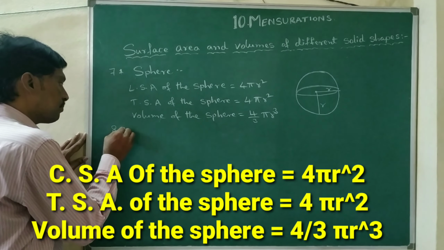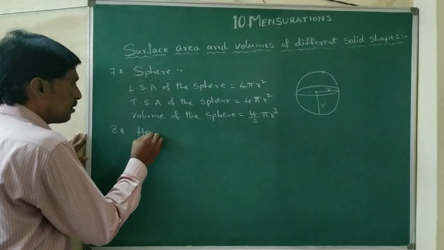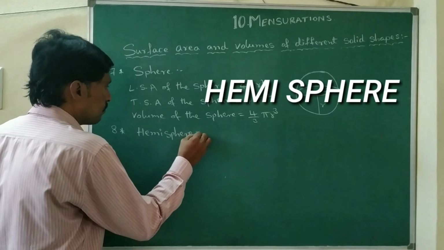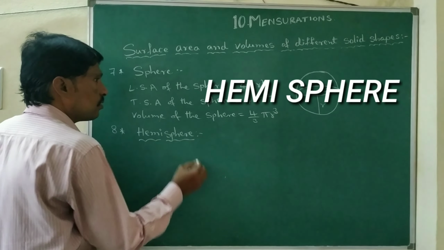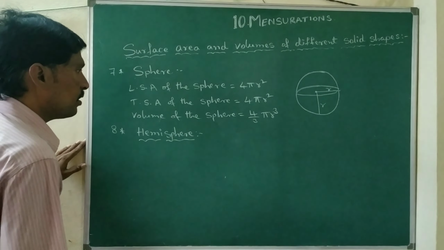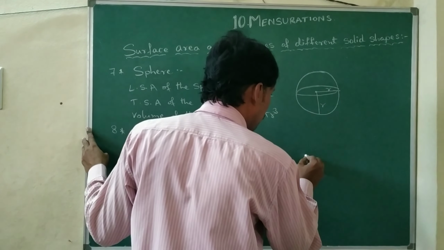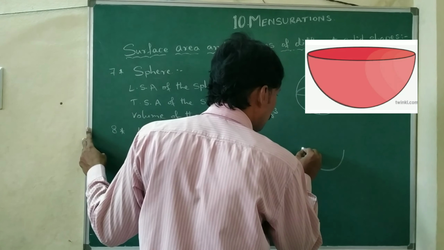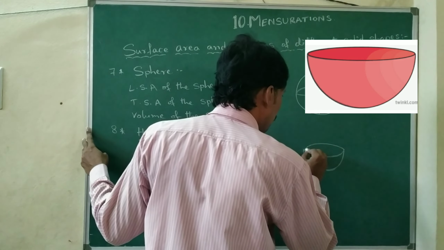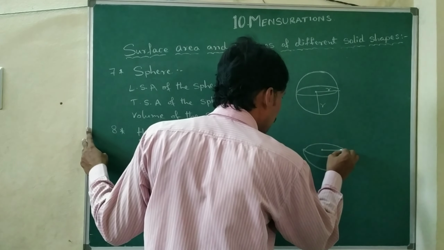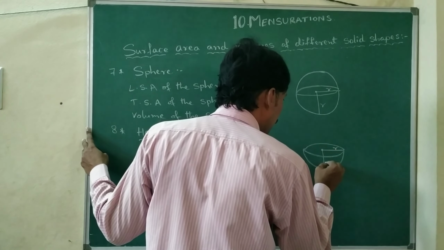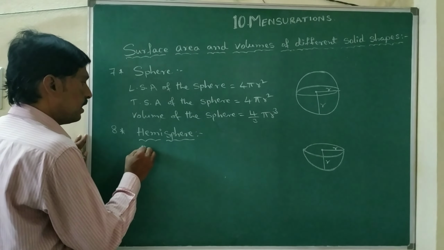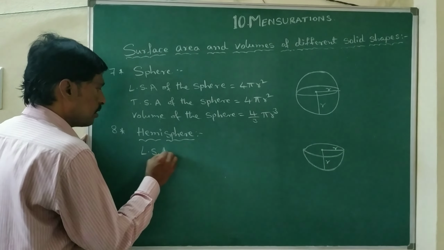Next one it is hemisphere. It is the shape like this. Hemi means half sphere. This is R, this is also R. Now what is the LSA of hemisphere?